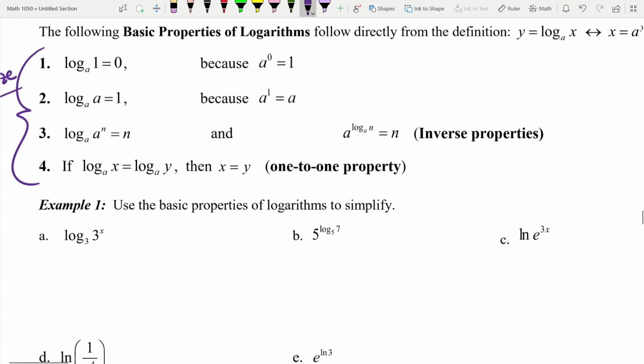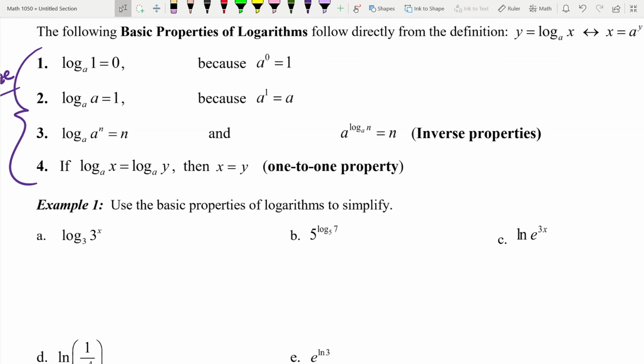Okay, so you have to memorize these. The first rule is log base A of 1 is equal to 0. Off over here to the side, I want everybody to write EX, and I'm going to give you a few examples. For example, log base 7 of 1 is 0. Another one, log base 32 of 1 is equal to 0. I could keep going.